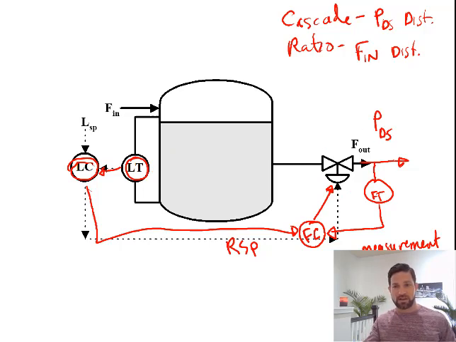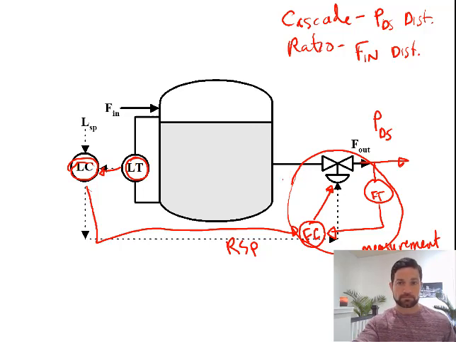So as this pressure downstream changes, the flow changes, and this inner loop right here is going to account for changes in the flow due to changes in the downstream pressure and keep the process closer to the target specified level. Okay, so they're cascade to minimize the effect of the downstream pressure or changes in the flow out.